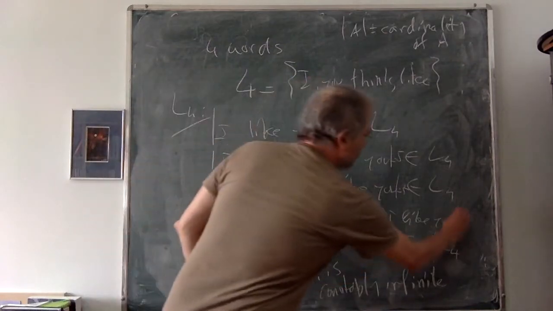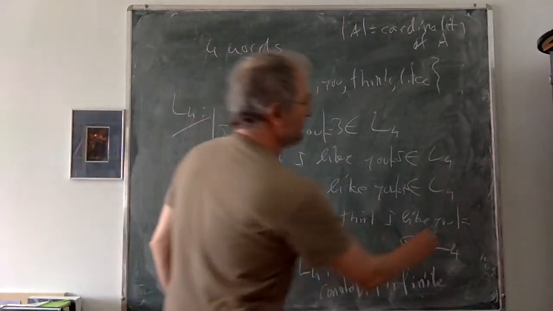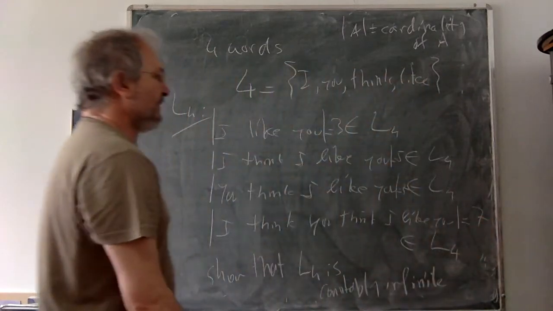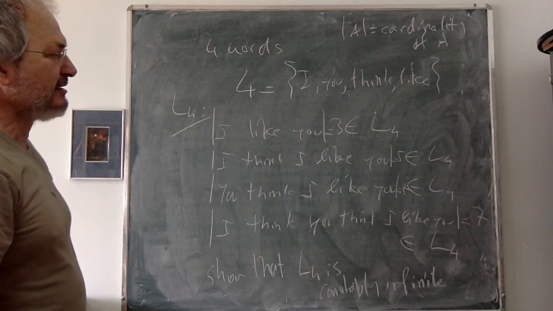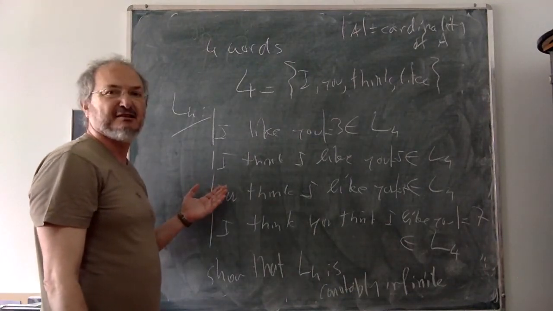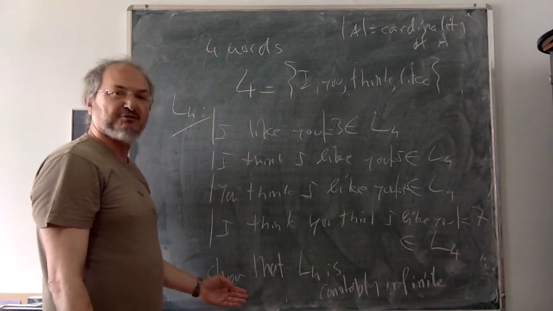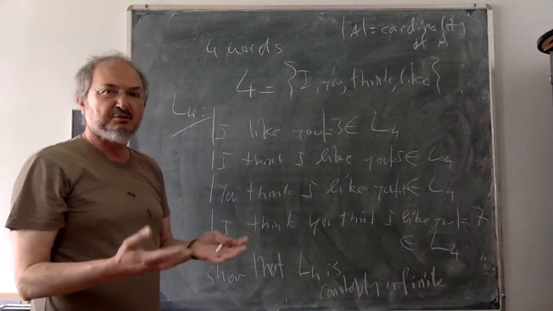The size of this is what? 7. So although you have the intuition that this set is infinite, showing it formally, remember when I made the distinction, what does it mean to be formal?